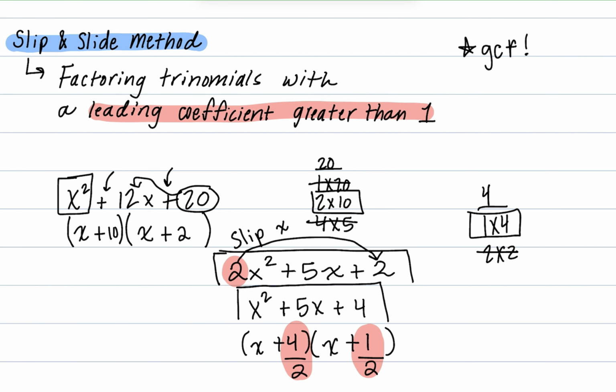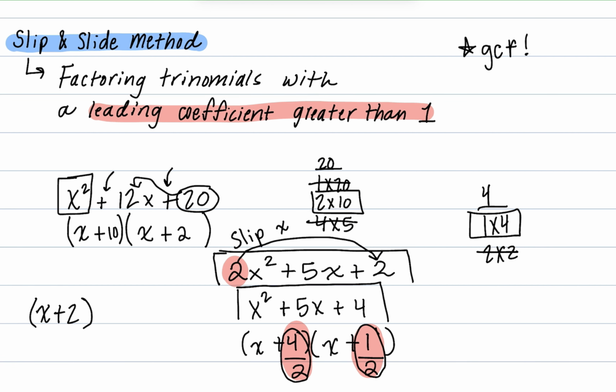Now, when I'm looking at these next pieces, I have to ask myself, are they fully reduced? When I look at the first term, that 4 over 2, I could simplify that to just x plus 2. That 4 divided by 2 is going to yield 2. Now, when I look at the second one, I have to say, is this fully reduced as a fraction? Is 1/2 in its simplest form? In this case, yes.